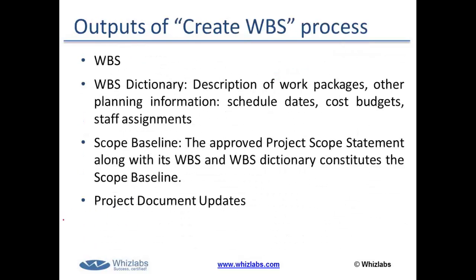Okay. So the outputs of the Create WBS process are mainly two: WBS and WBS dictionary. Guys, hope you understand by now that the WBS is a pictorial diagram. It mainly looks like a fishbone diagram or an org chart.